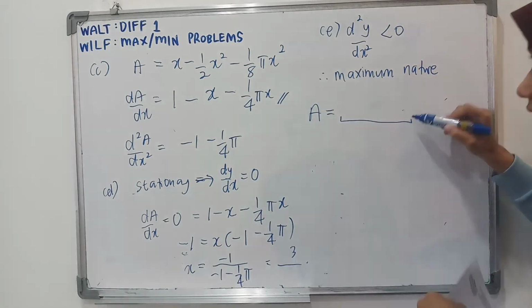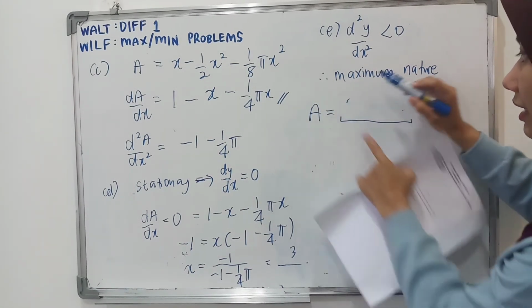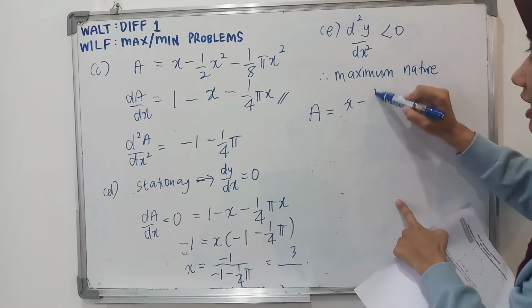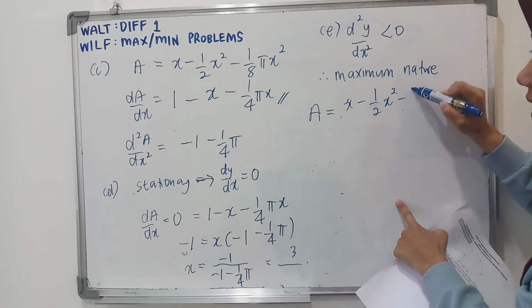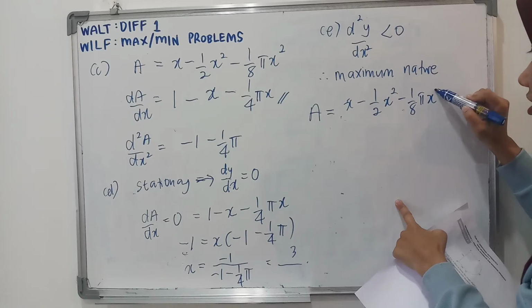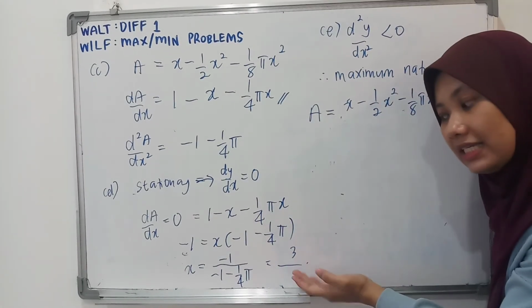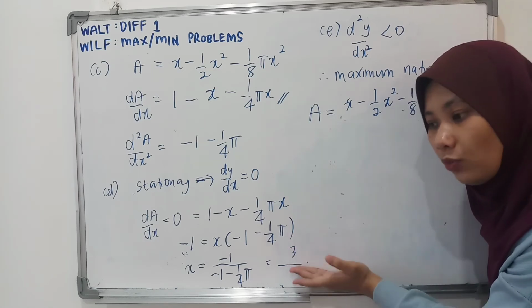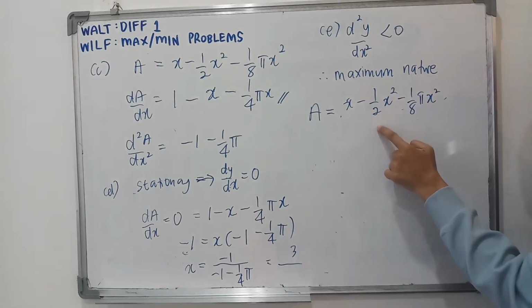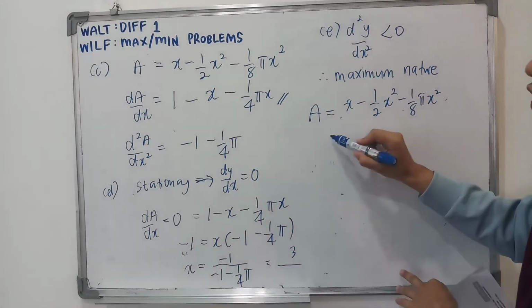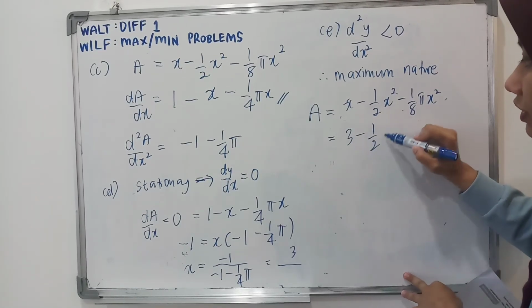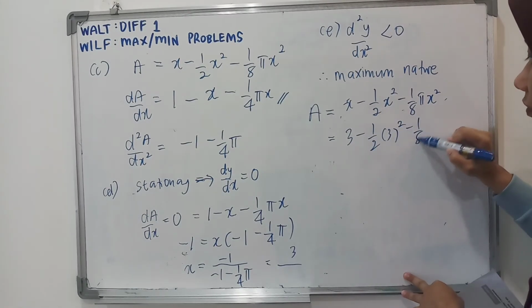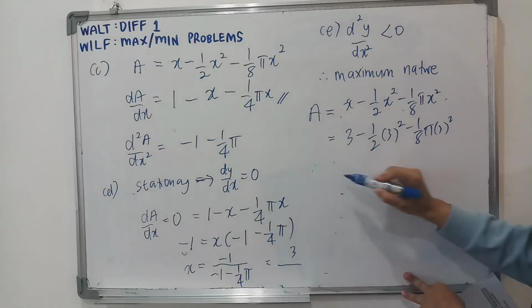We have x minus 1 over 2 x squared minus 1 over 8 pi x. So from the previous calculation, I get x equals 3, which is not 3, you press your calculator. Key in 3 minus 1 over 2, 3 squared, minus 1 over 8 pi, 3 squared. So get what is the value.